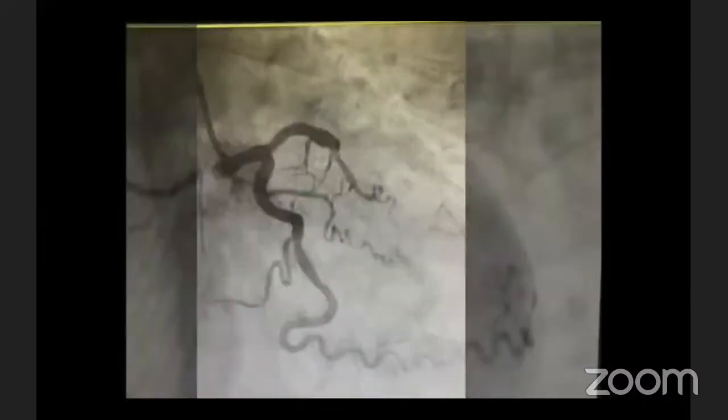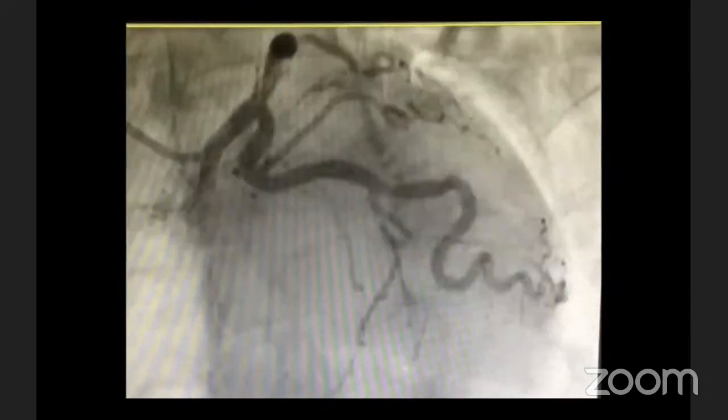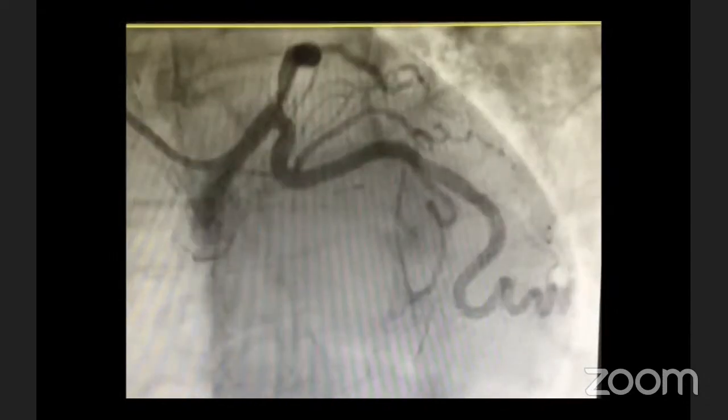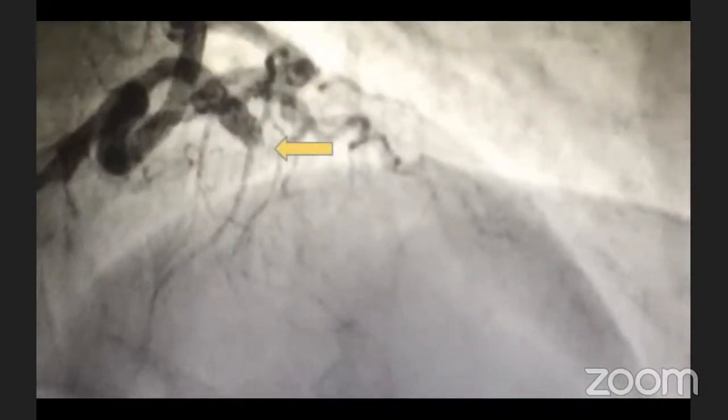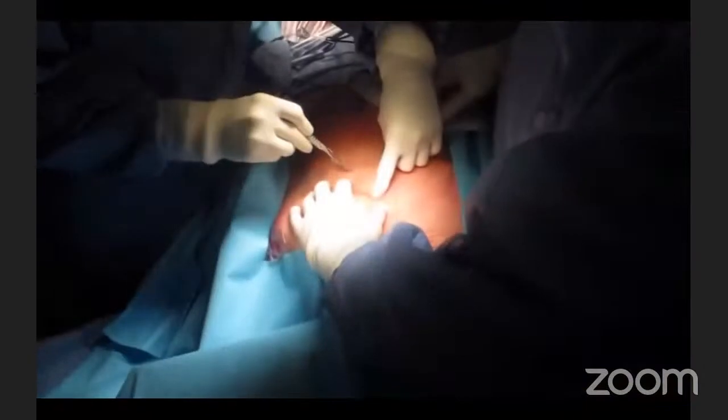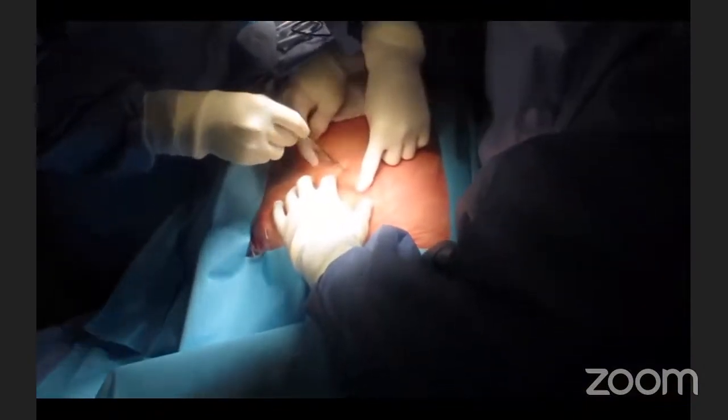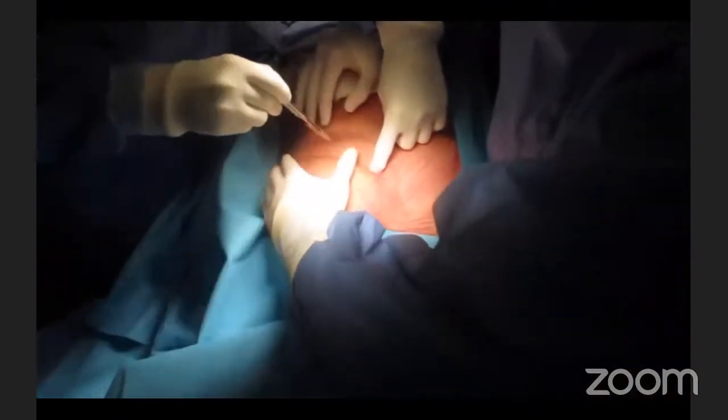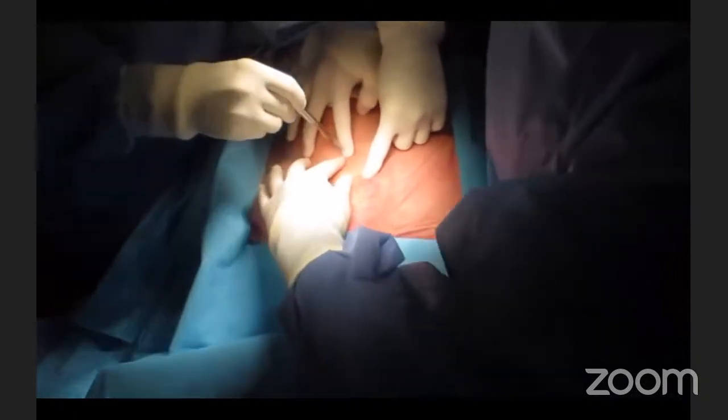A total occlusion of the descending artery is observed, and a coronary stent placement is not possible by this method. A small anterior thoracotomy is performed in the left fifth intercostal space.